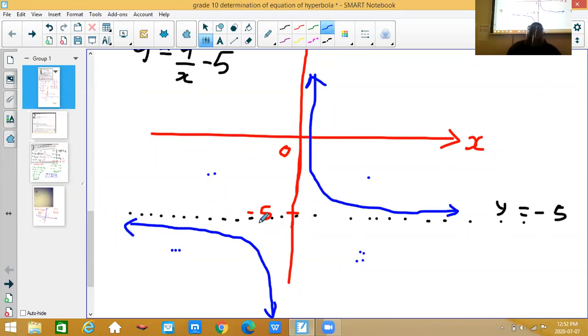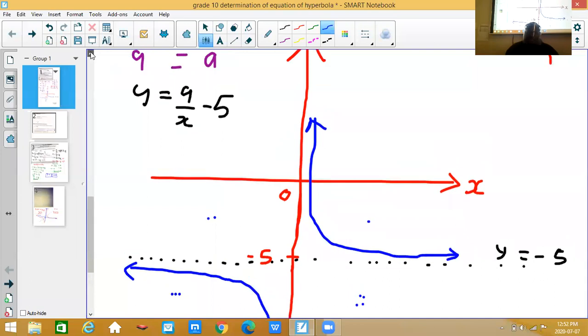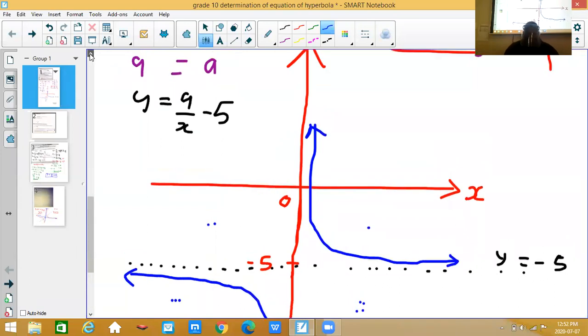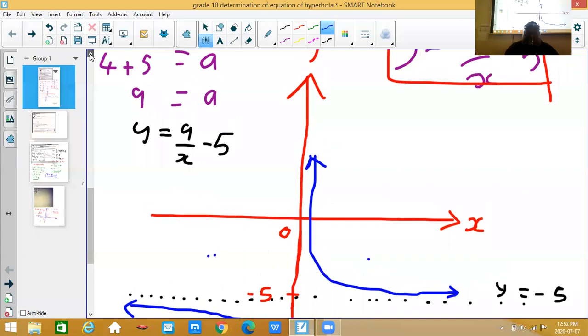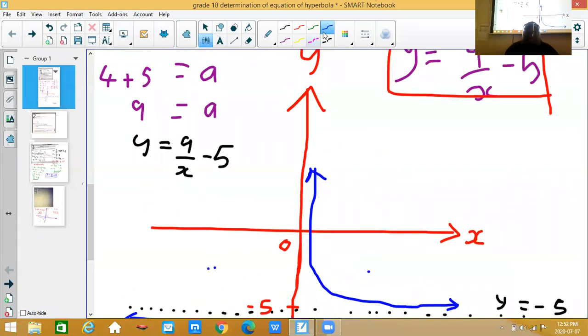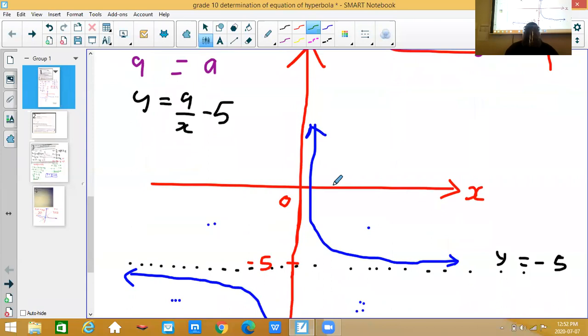Now, we have our line of asymptote, which is y is equal to -5. Are you following? When you look at this point, it cuts the x-axis here, right? Our initial x-axis is cut here. Are you seeing it?